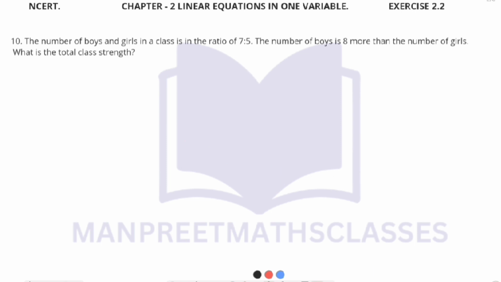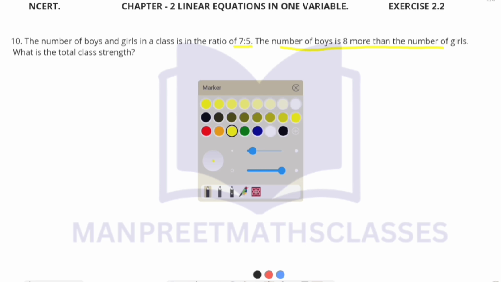Now our question number 10: the number of boys and girls in a class is in the ratio 7:5. The number of boys is 8 more than the number of girls. What is the total strength? So here the number of boys and girls is given in the ratio and their relation is also given.